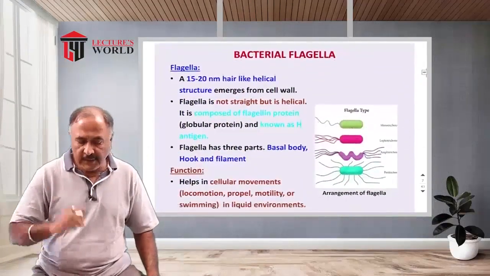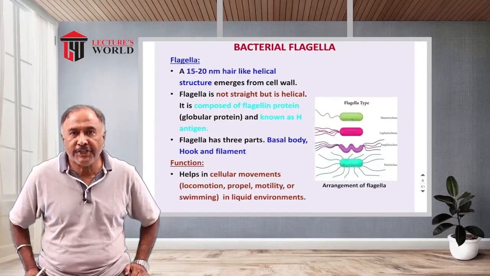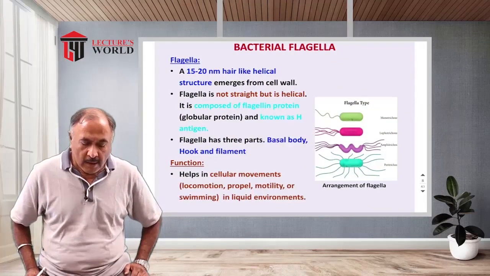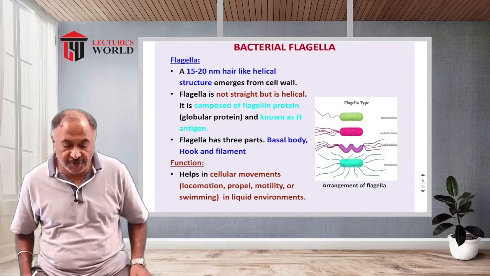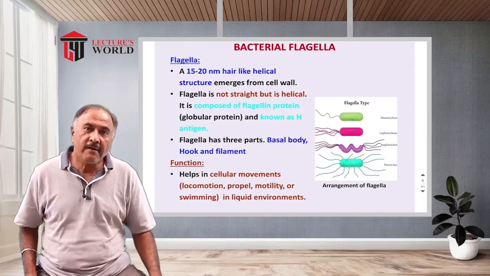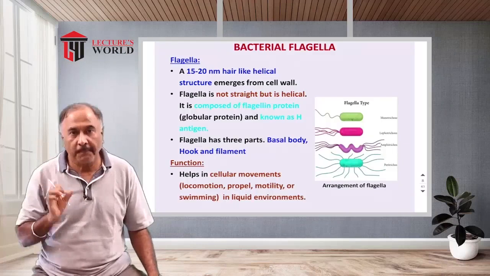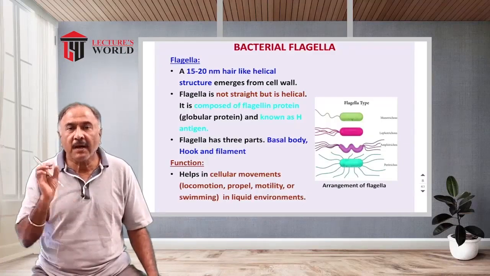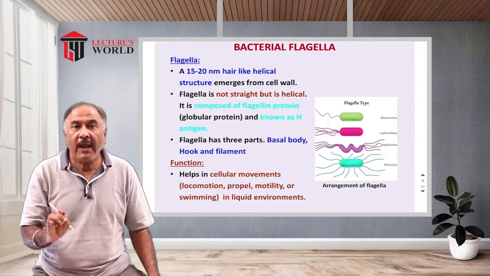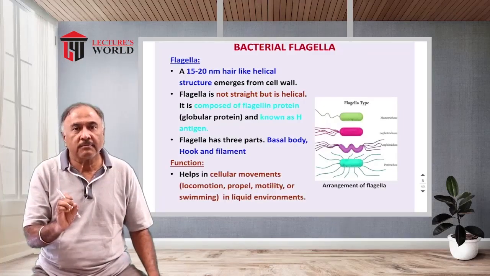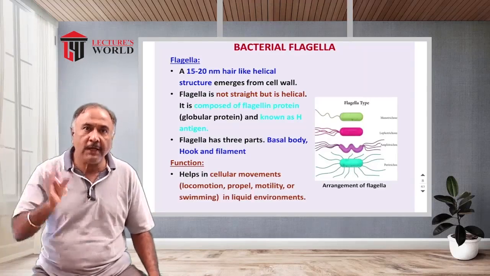Now, the next structure is bacterial flagella. Flagella are hair-like helical structures and they are embedded in the cell wall. It means they arise from the cell wall. These are hair-like structures, and these structures have a uniform diameter throughout their length.